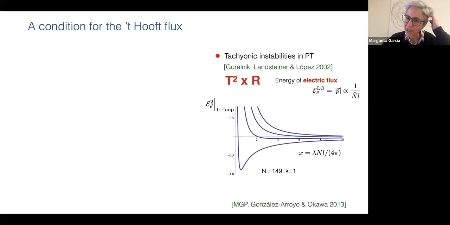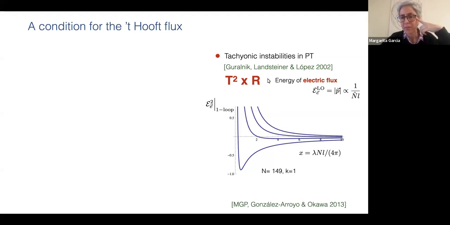So I'm going to go back to the continuum and take back the connection that there is between twisted boundary conditions and non-commutative gauge theories. It is well known since long that there are what are called tachyonic instabilities in perturbation theory in the case of non-commutative geometries. And indeed, already long ago, Guralnik, Ramgoolam, and Lopez have studied these tachyonic instabilities also in relation with twisted boundary conditions.